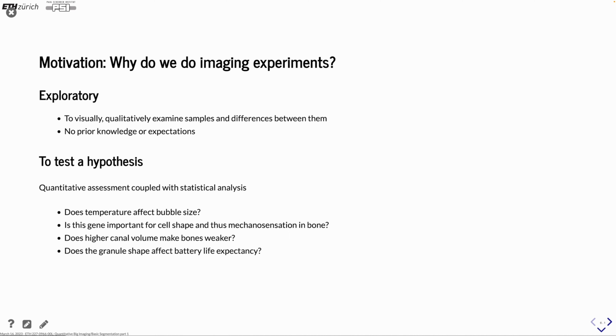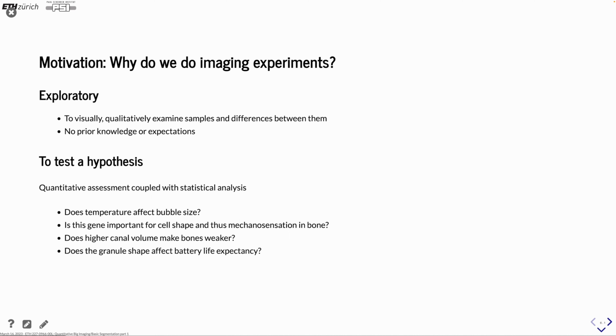And when you explore, you don't always need so much prior knowledge or expectations, but you just browse around an image and see what things I can actually see here. Sometimes, of course, it helps to have more knowledge about the sample, because then you can more specifically pinpoint those things that are interesting.